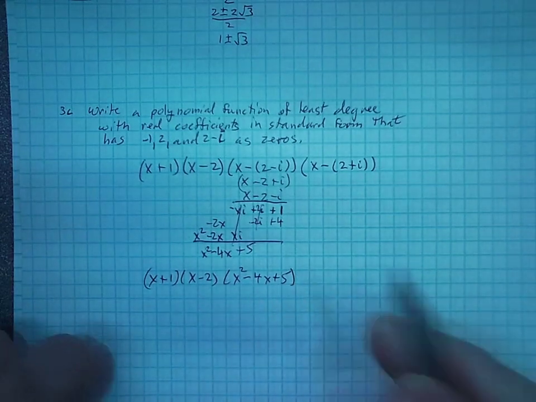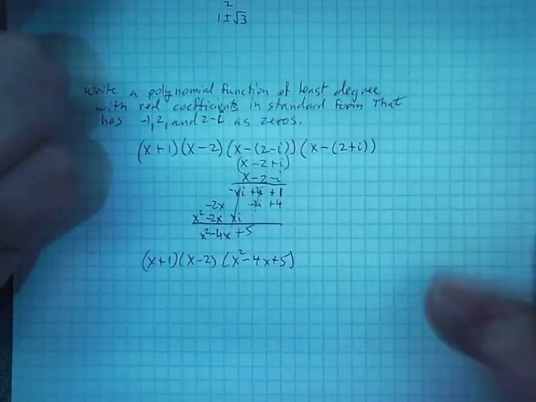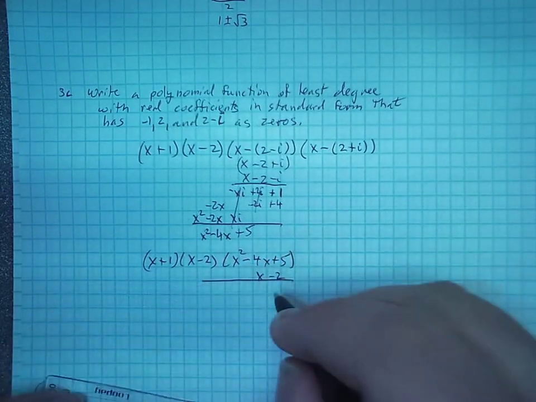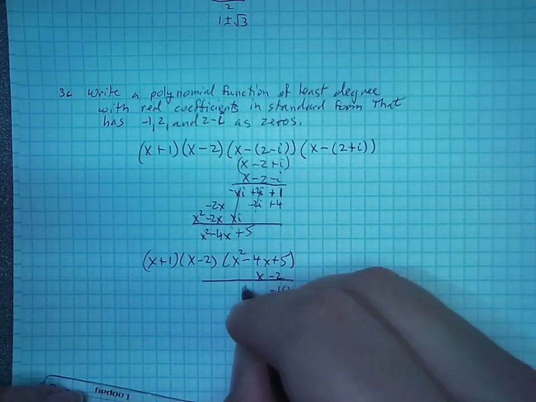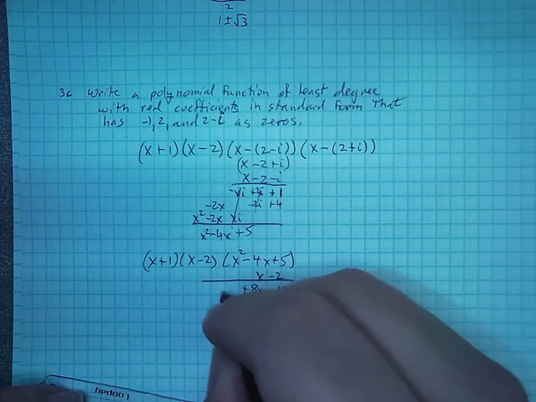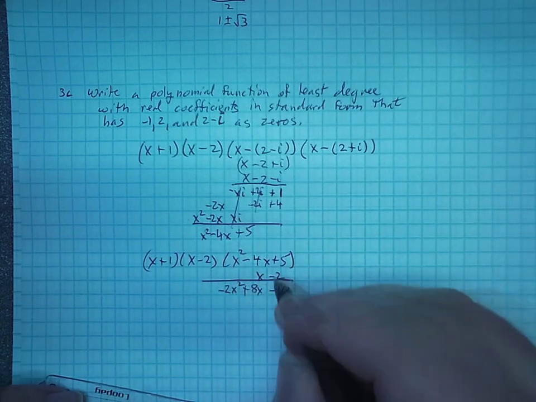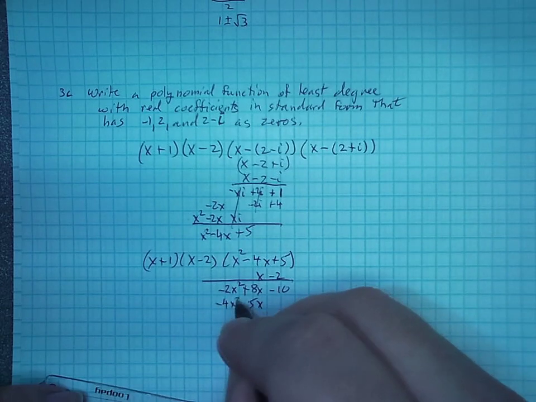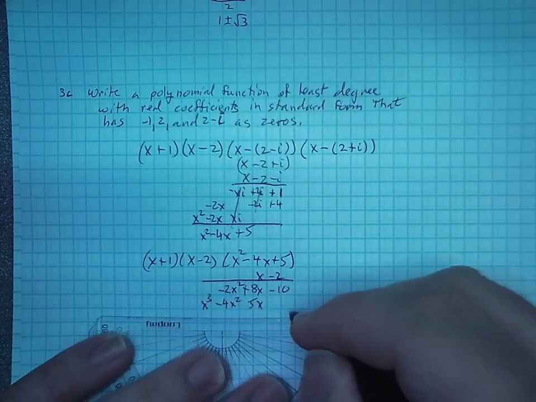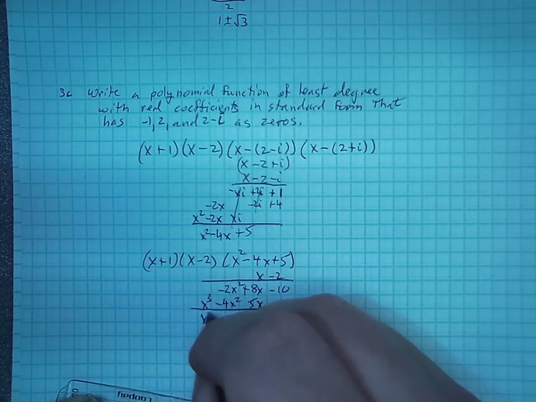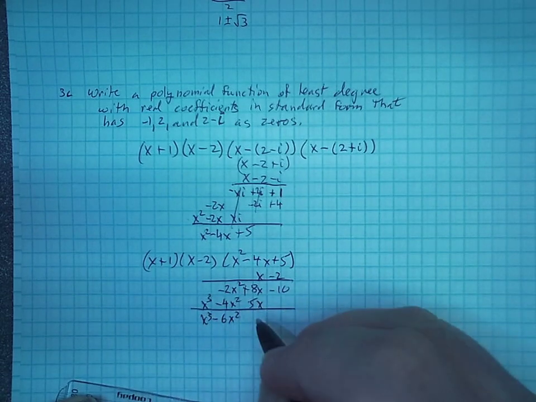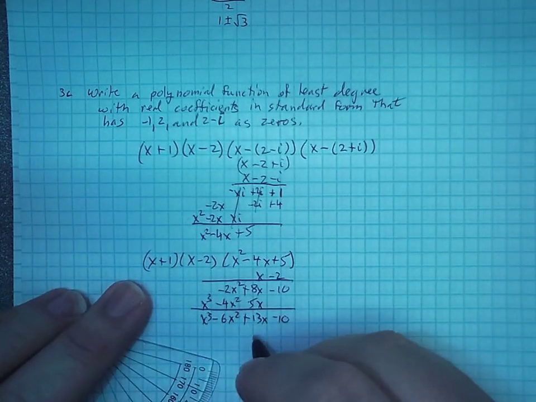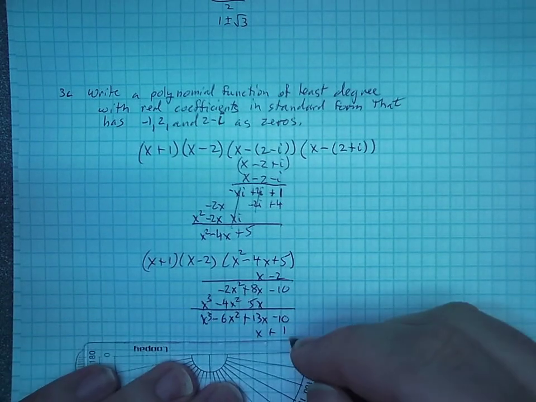You can see now the coefficients are all going to be real. I just have to keep multiplying. So x minus 2, that's negative 10, positive 8x, negative 2x squared, 5x, negative 4x squared, and x cubed, which is x cubed minus 6x squared plus 13x minus 10, which I have to multiply by x plus 1.